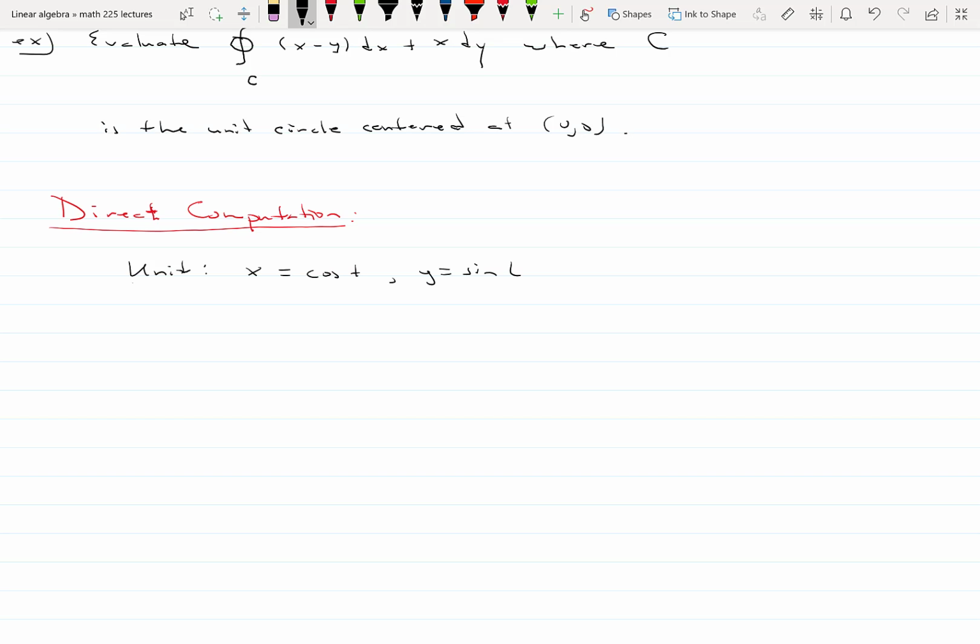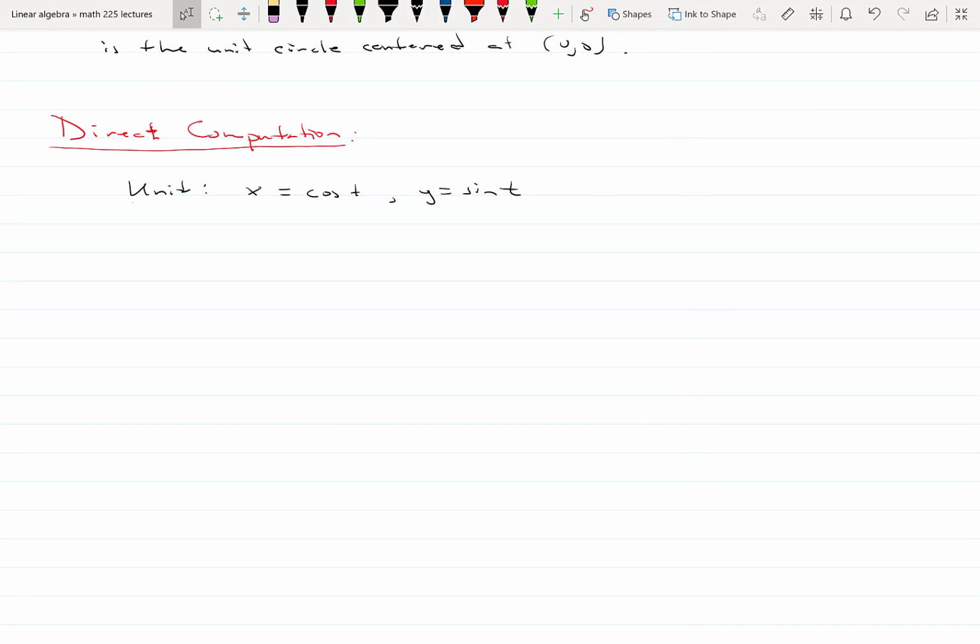We've seen this parameterization over and over again. So if x equals cosine t and y equals sine t, then what's dx? dx equals negative sine t dt, and what does dy equal? Cosine t dt.